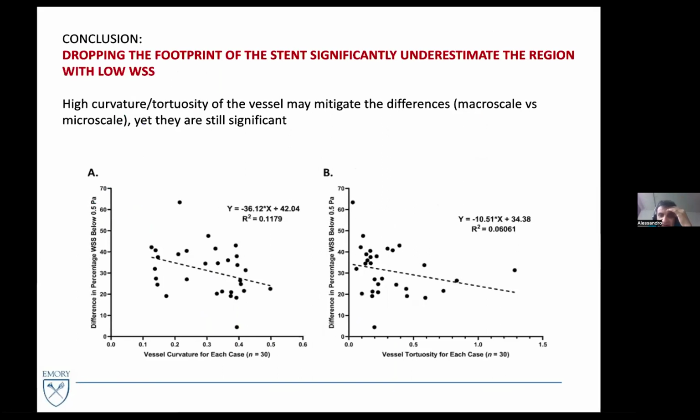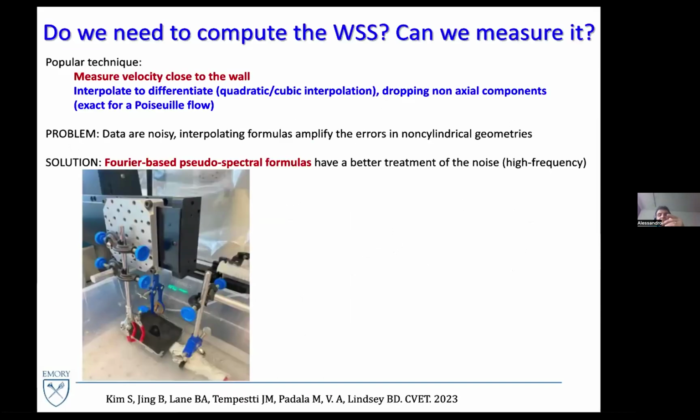And these are all other statistical evidence, for instance, how the macro scale, so the curvature of the vessel, may have an impact, and in fact, the lower the curvature, the lower the wall shear stress. Similarly with the tortuosity. But in any case, there are some outliers in this analysis showing that we need the footprint of the stent. So yes, the conclusion was yes, we need a footprint on the stent.